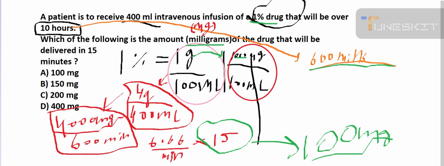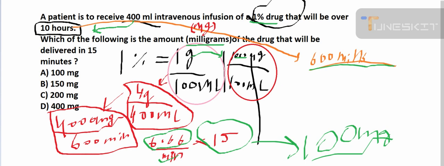He basically told us that 400 ml is going into the body in 10 hours. So 4000 mg is going into the body in 600 minutes. How many mg in 1 minute? Divide these two values. There are 6.66 mg in 1 minute.